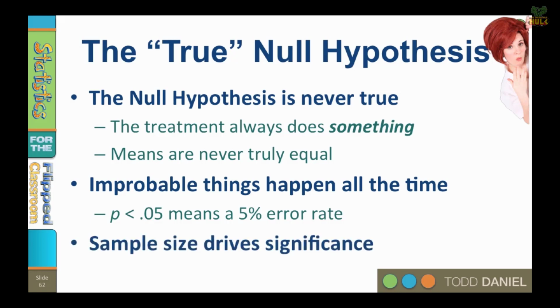And finally, statistical significance is a function of sample size. With enough people, every comparison will be statistically significant, even if it is practically meaningless. We must consider the power of the tests that we are running.